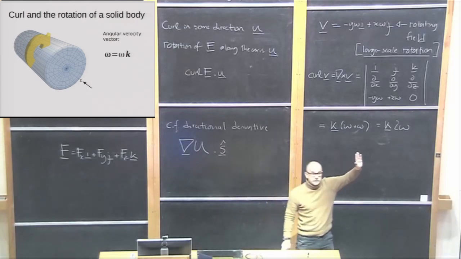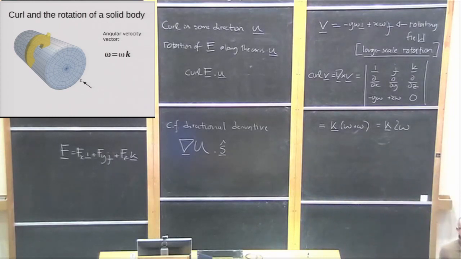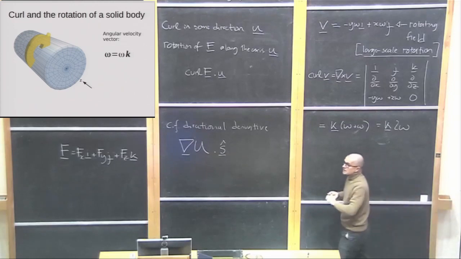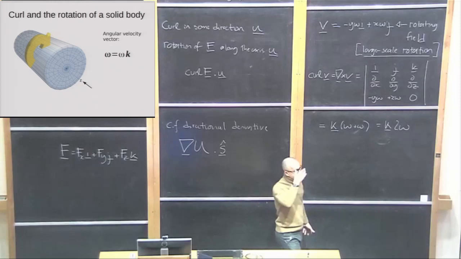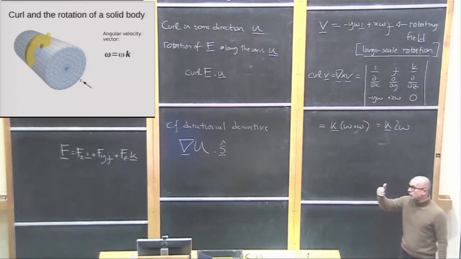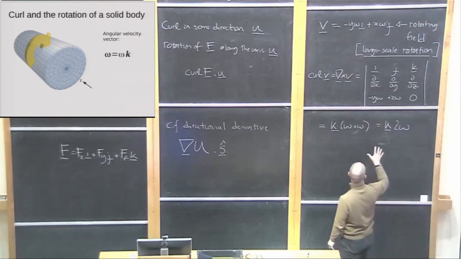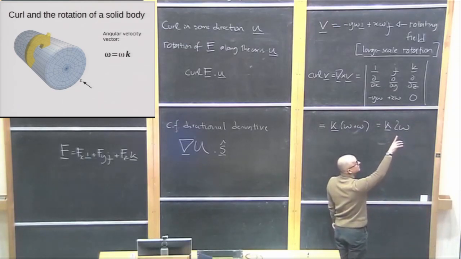Okay? So this is the best handle that you can get on what the value of the curl quantitatively means. I think for gradient and divergence, it's a little bit easier to think immediately in terms of the values of the vector field, what those magnitudes mean. But this is the best way of understanding what the magnitude of the curl means.